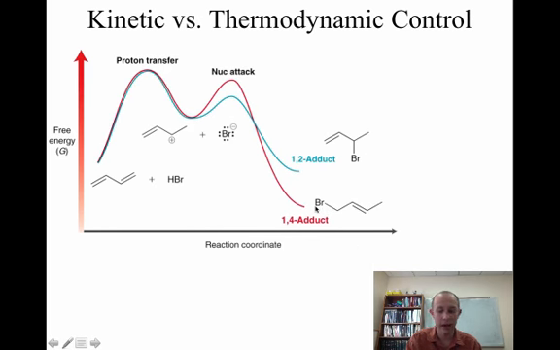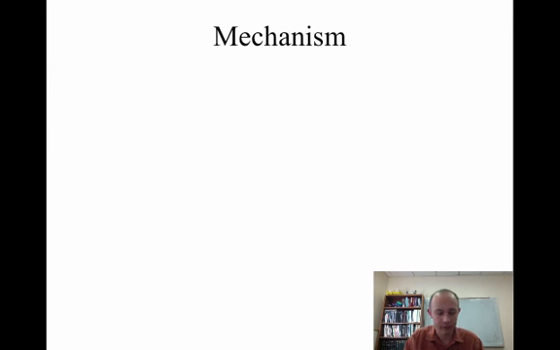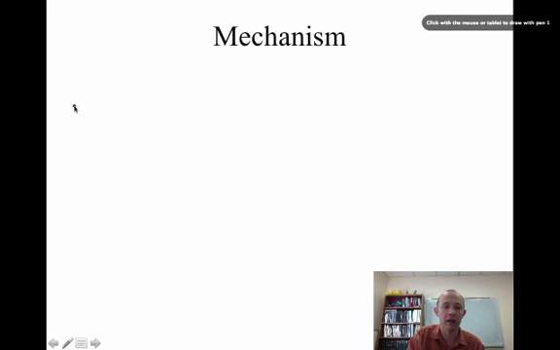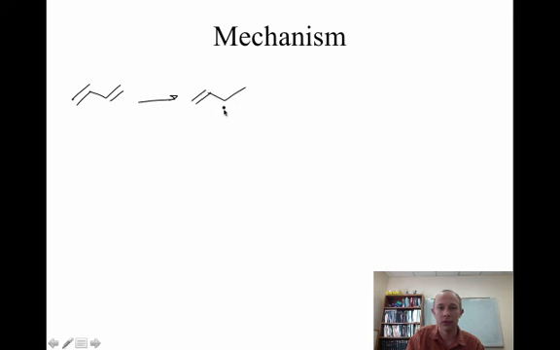So if we go back one slide, what we could say is that we start out, we form this carbocation, and then the fastest reaction is the bromide attacking to form the 1,2 product, right?